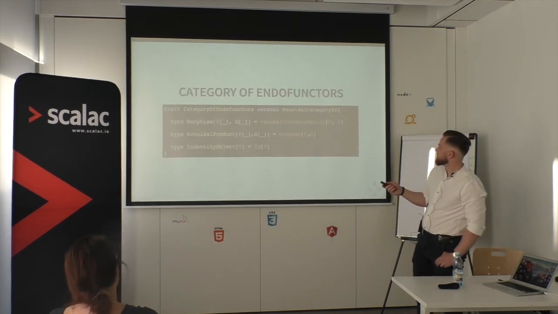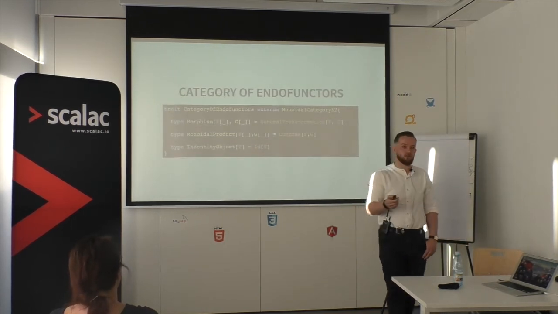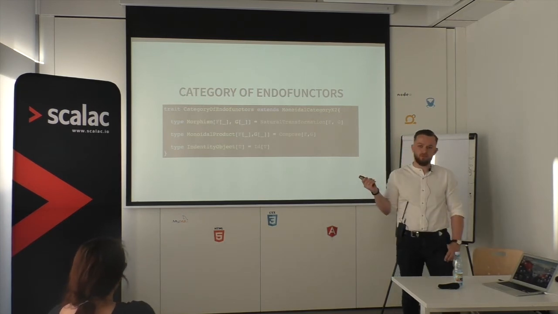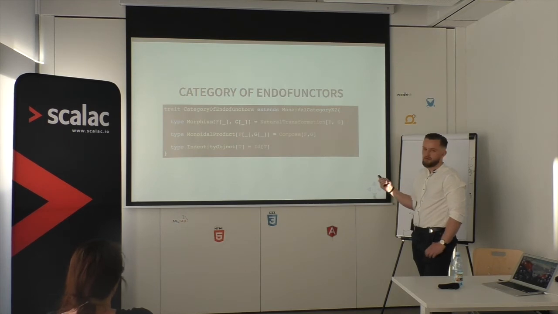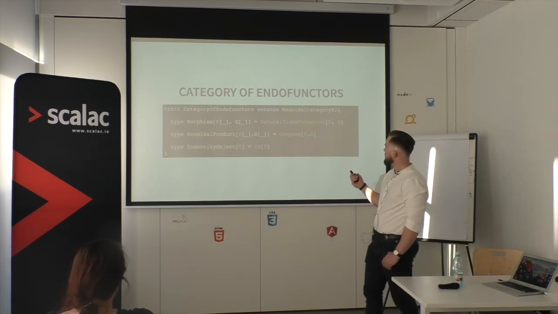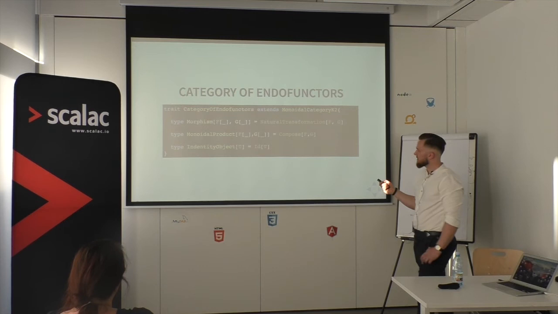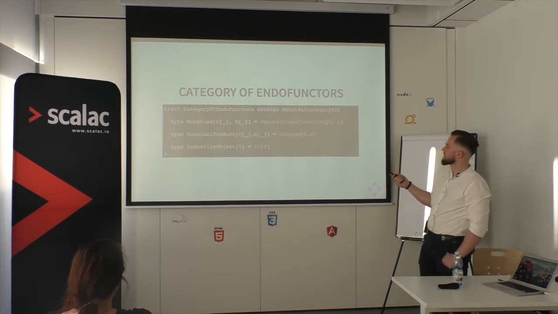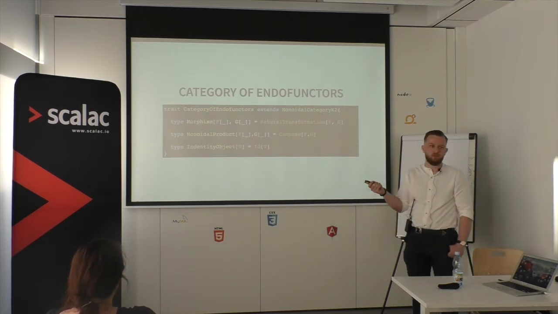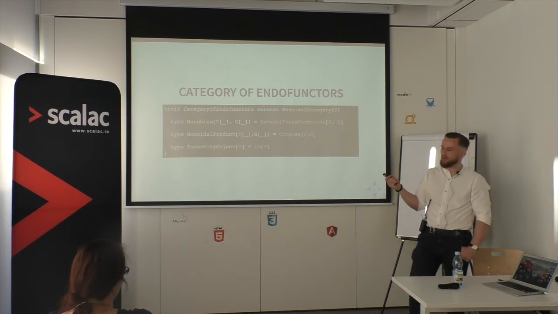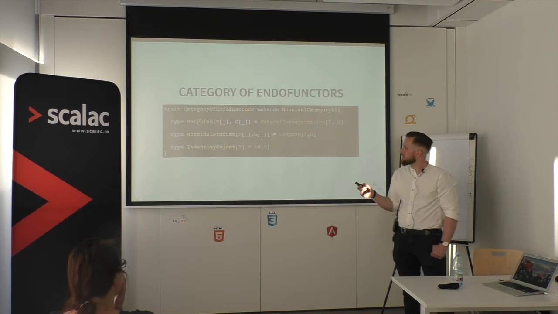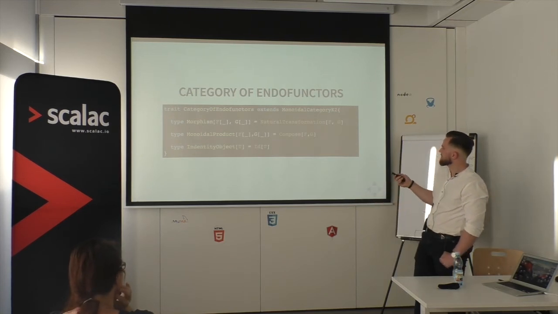Okay, and now this is our category of endofunctors. So the morphism is a natural transformation from some type constructor F to some type constructor G. Okay, it's not totally valid because we should have a proof that F and G are type constructors, are functors, okay? But for simplicity, I omit that.